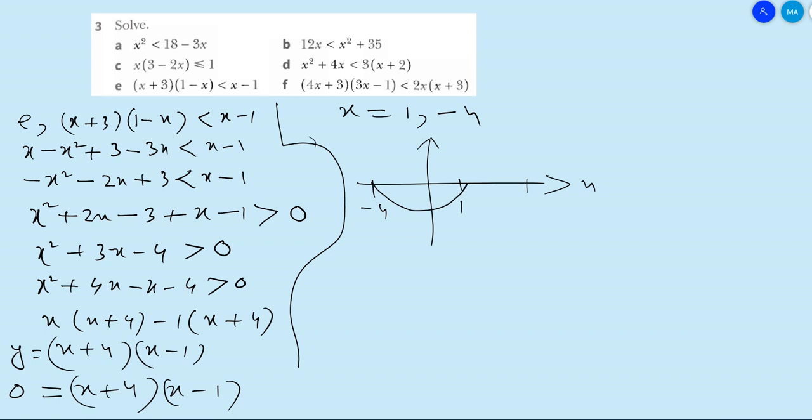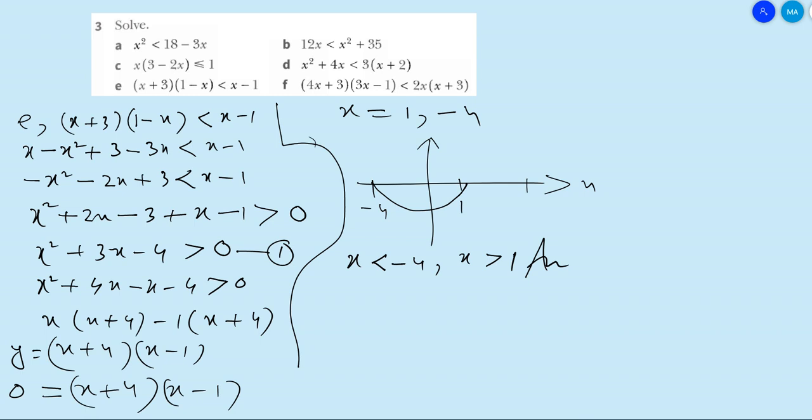In inequality number 1, in standard form, there is a greater than sign, so we need the part of the curve which is above the x-axis. So our answer should be x less than minus 4 and x greater than 1. Hope you understand. This is our final answer: x is less than minus 4 and x is greater than 1.